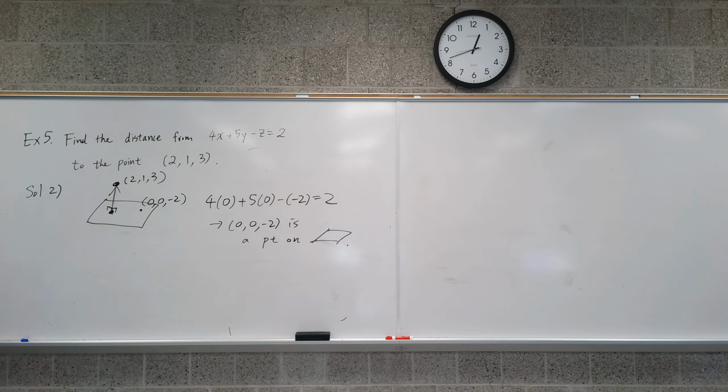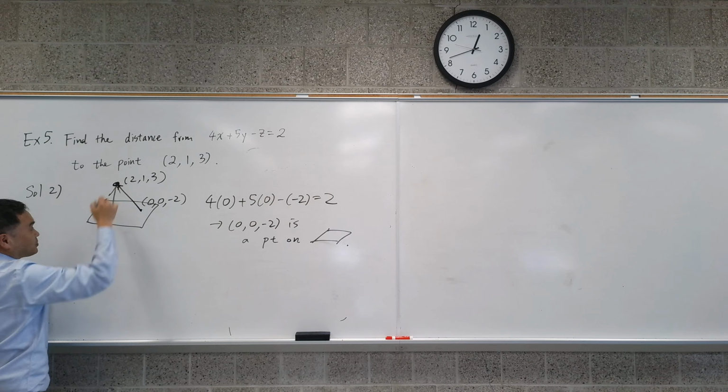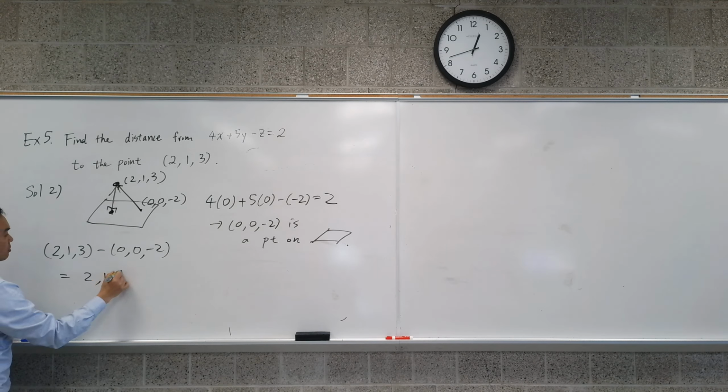Now what you do is, you're just going to take this vector. So how do you get that vector? It's terminal minus initial, so you do 2, 1, 3 minus 0, 0, -2. So that gives you 2, 1, 5. Okay, that's this vector.